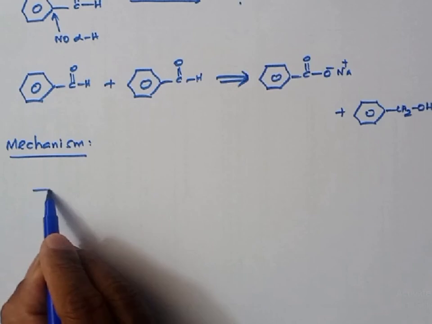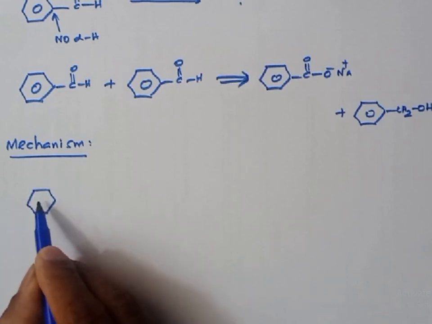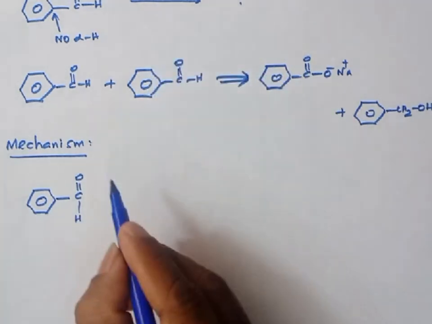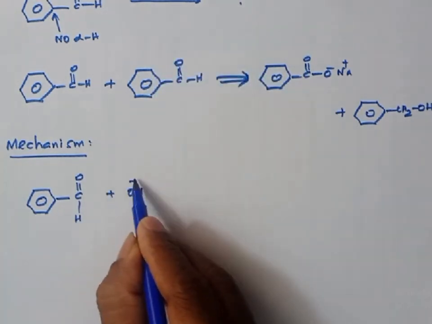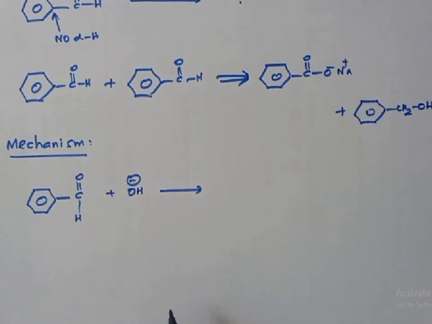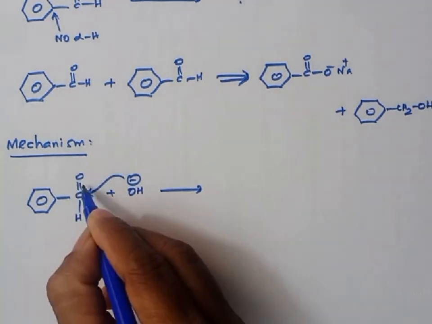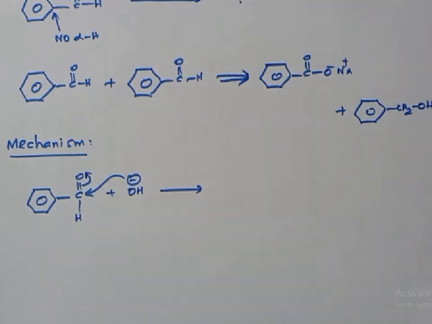See, student, I'll take one molecule first, and we are adding base, which produces OH minus ion. Now, what will happen? The base will attack this carbonyl carbon, so that one pi bond shifts to oxygen.